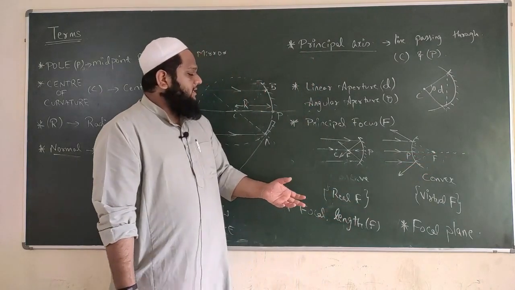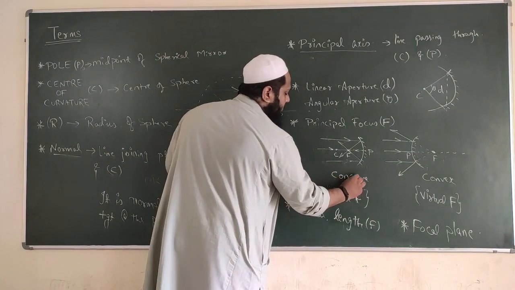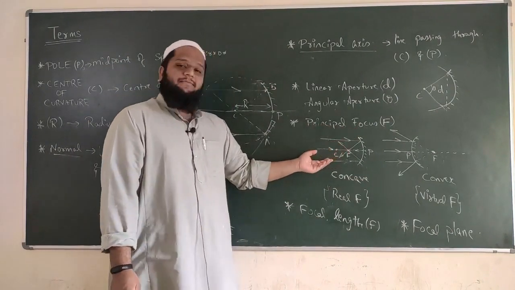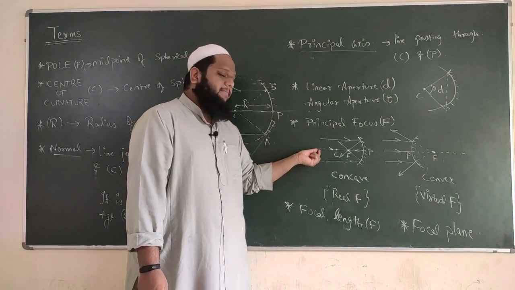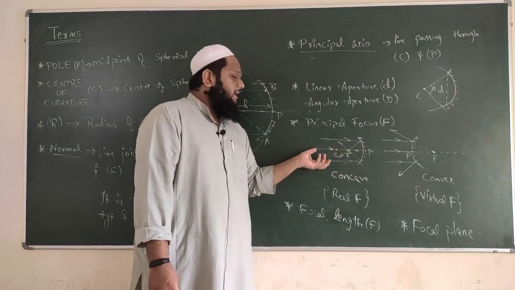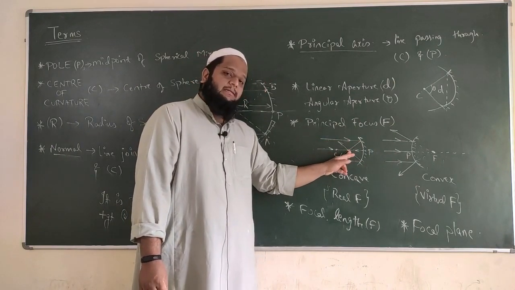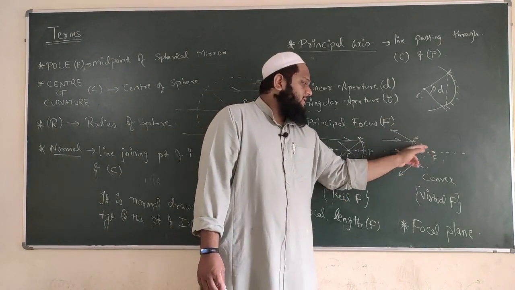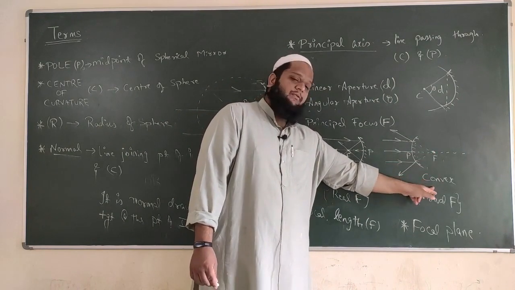So I will repeat the definition and hope you will understand this. Principal focus is defined as: when rays parallel to the principal axis are incident on a mirror, the rays converge at a point in case of concave, and they appear to diverge from a point in case of convex.